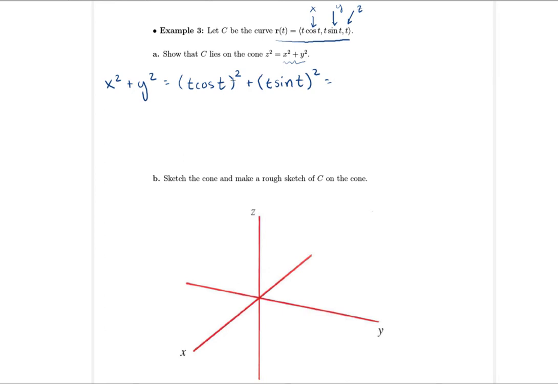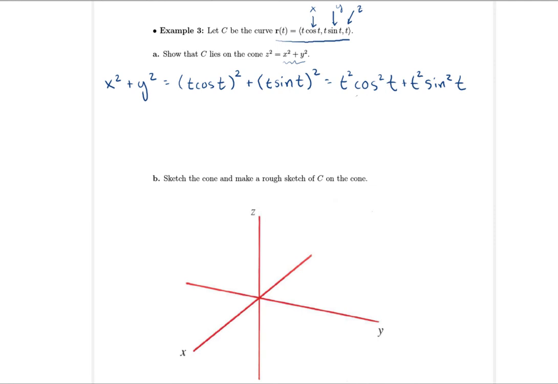Okay, and then what we want to do is simplify this and see if we can make the z component, t, appear. So I can distribute my square through, so this would be t squared times the cosine squared of t plus t squared times the sine squared of t. And okay, yeah, we see the t there, that's our z, but we got a lot of other stuff here.